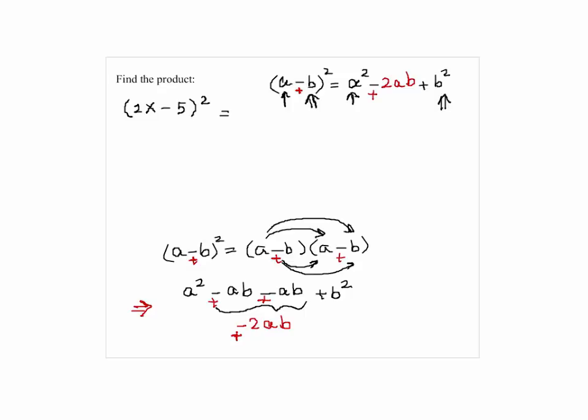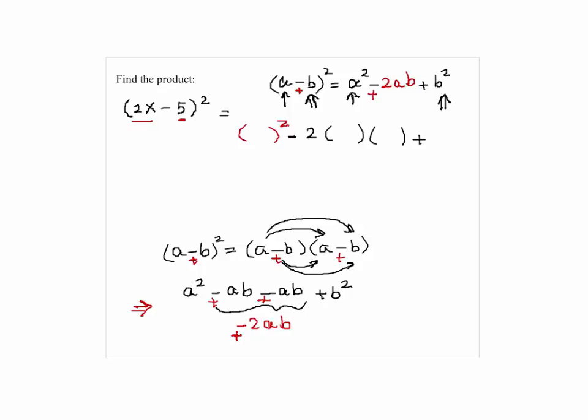So if I want to use the formula here, your first term is 2x and your second term is 5, so let's just follow this formula. Then we have to write the first term squared, and then the middle term would be minus 2 times 2x times 5.